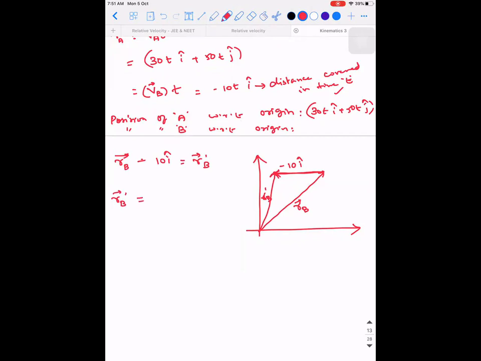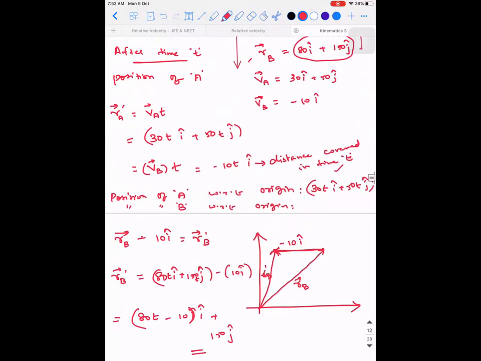What is the RB vector? RB vector is 80 I cap plus 150 J cap, minus 10T I cap. This will be RB dash. So it will be 80 minus 10T I cap plus 150 J cap. Am I clear in these two points?